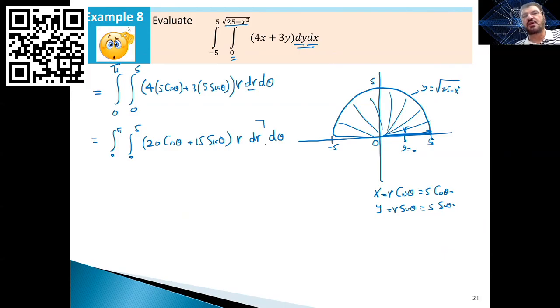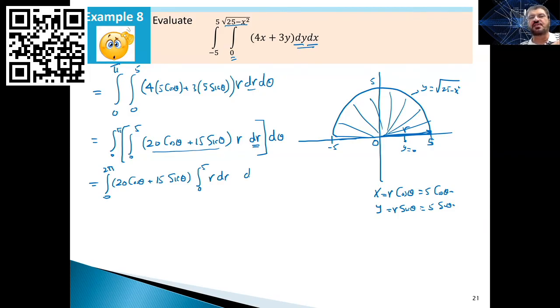We said, what do we start with? We start with the inside. I'm going to integrate with respect to what? To r. So the best way to see it is to kick anything that doesn't have r outside. You see, those are theta, so we can kick them out. So 20 cosine theta plus 15 sine theta can easily go out, and we integrate from 0 to 5 of r dr, and then all of this d theta.